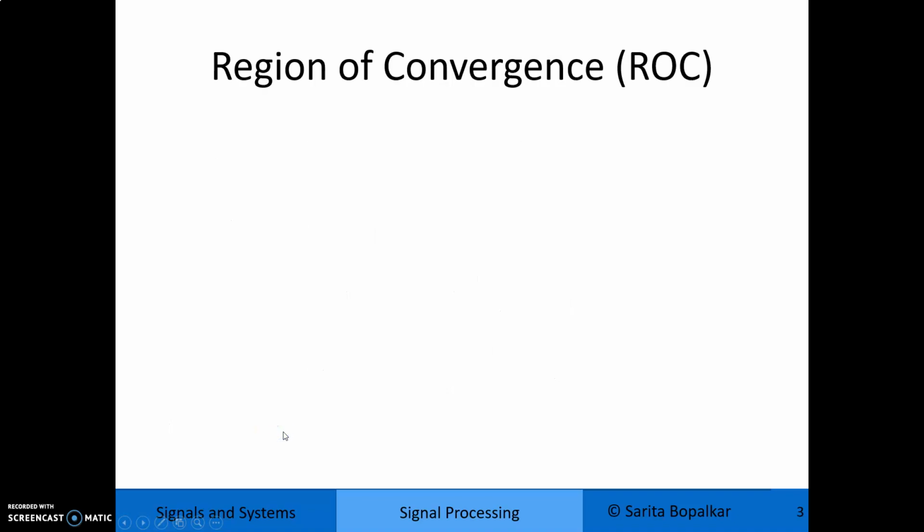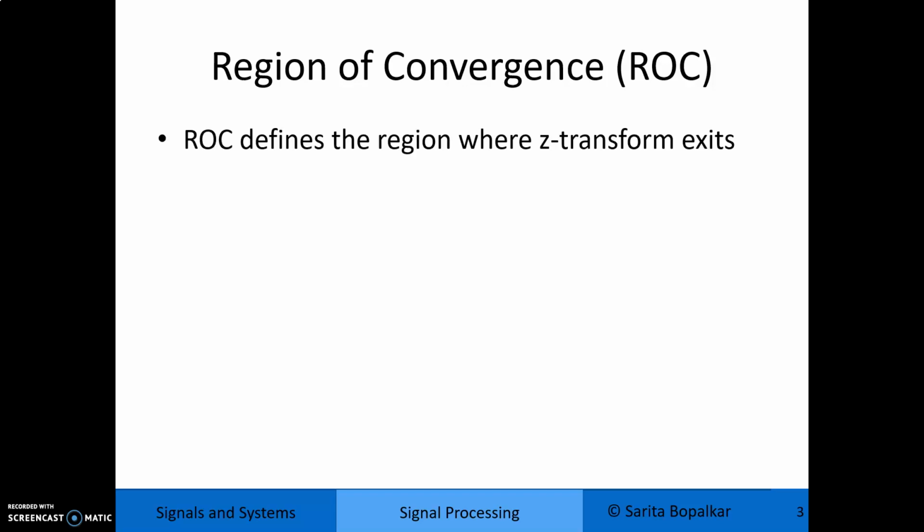Now, whenever we take Z-transform, one more concept we should keep in mind, that is region of convergence, ROC. There are some properties defined about the ROC of Z transform. Let's see what this ROC is. ROC defines the region where Z transform exists.